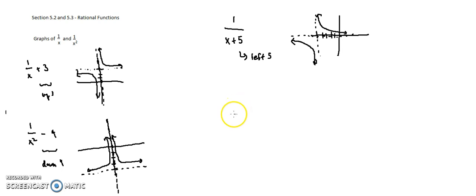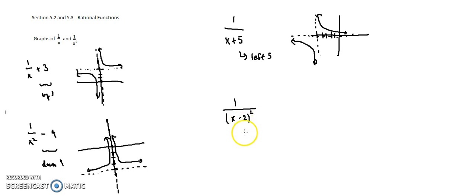Now for 1 over x squared, same idea. Let's say we have 1 over (x minus 2) squared. We see that squared, and we think 1 over x squared, and the minus 2 is inside the function. Now for 1 over x squared, it's got to be inside the fraction, and it's got to be inside the square. It has to be both of those things. So this minus 2 is inside the function.